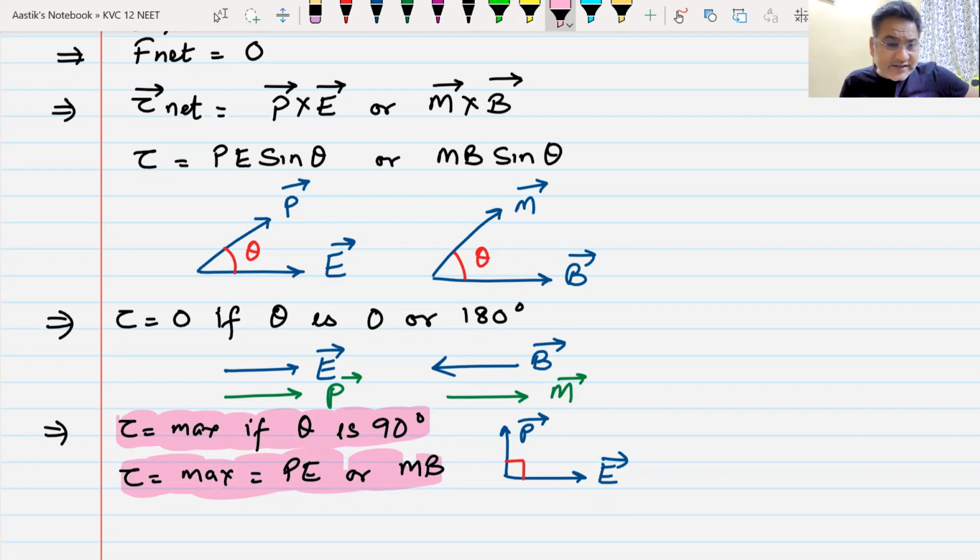Both are dangerous signs. If you are not writing it, dangerous sign. If you are not remembering it, more dangerous. Please remember it. You'll find a similar question in your examination hall, beta.